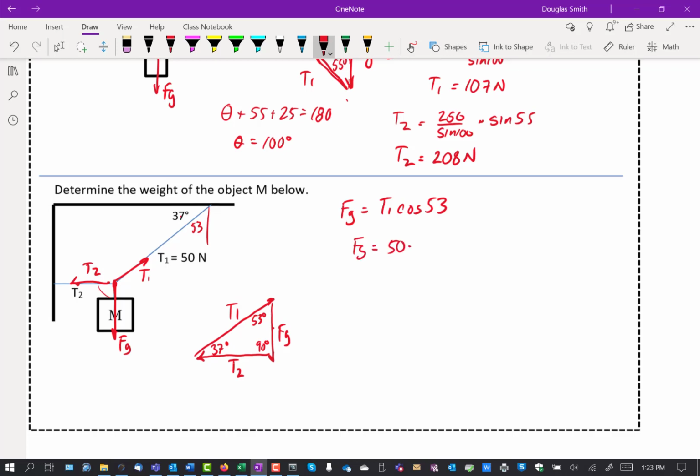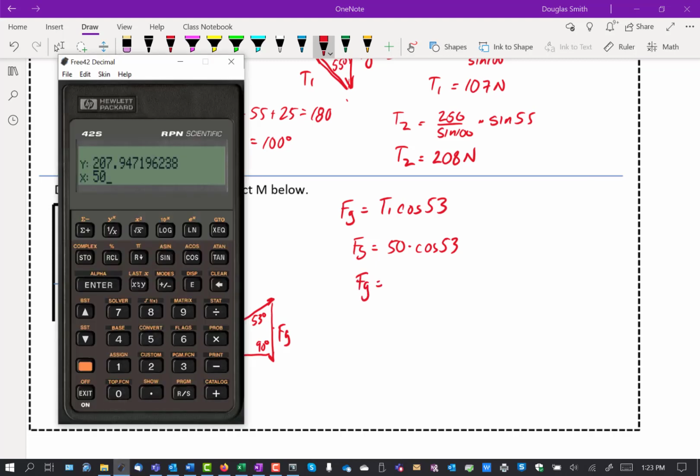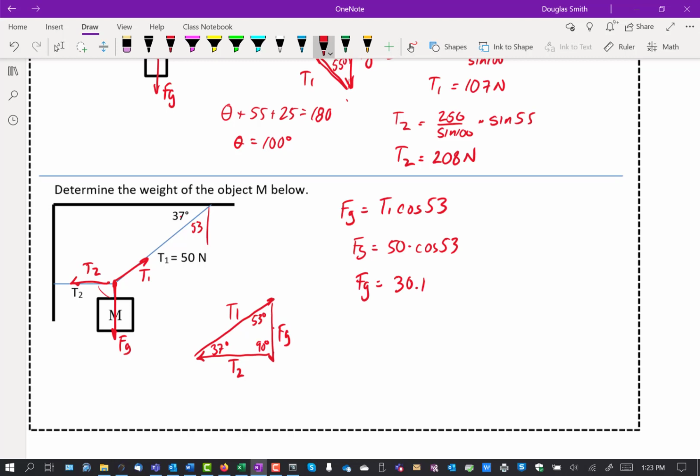So it's 50 times cos 53. So it's 30.1 newtons. All right.